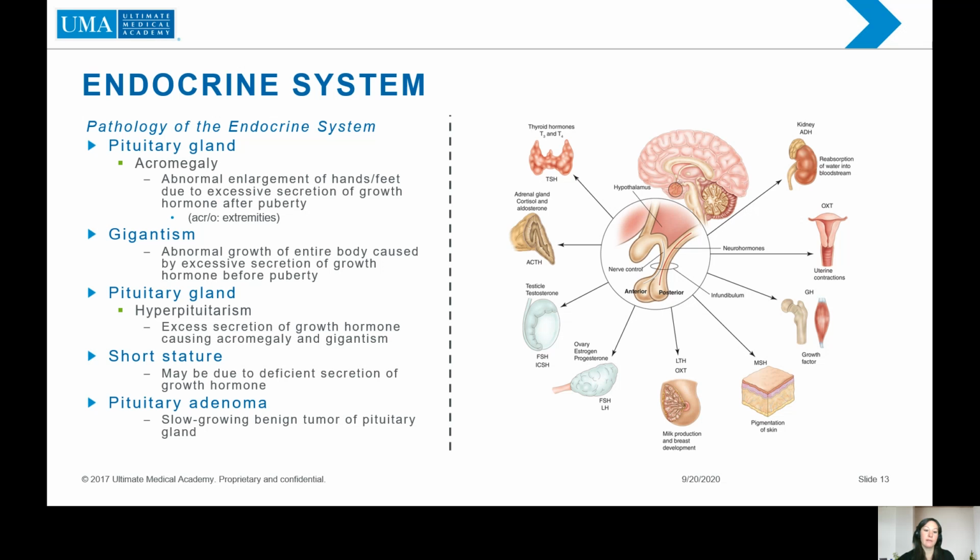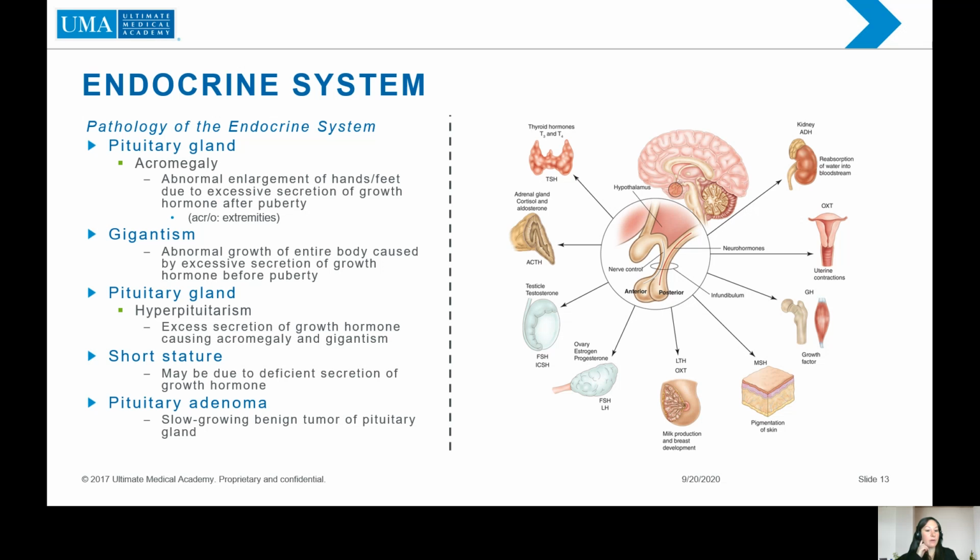Let's talk more about some of the types of diseases or disorders that could be caused by the endocrine system. So, with the pituitary gland, there's something called acromegaly. This is an abnormal enlargement of the hands or the feet due to excessive secretion of growth hormone after puberty.